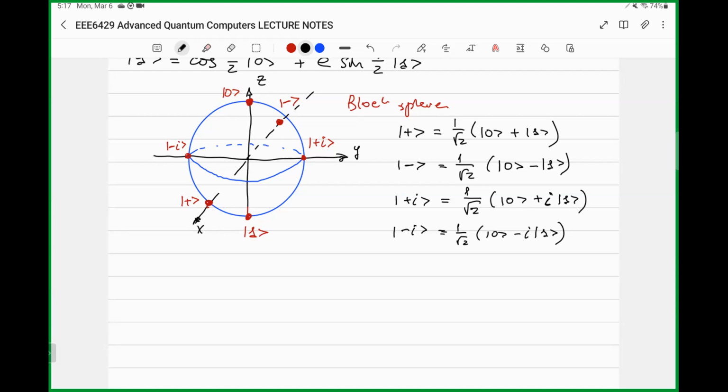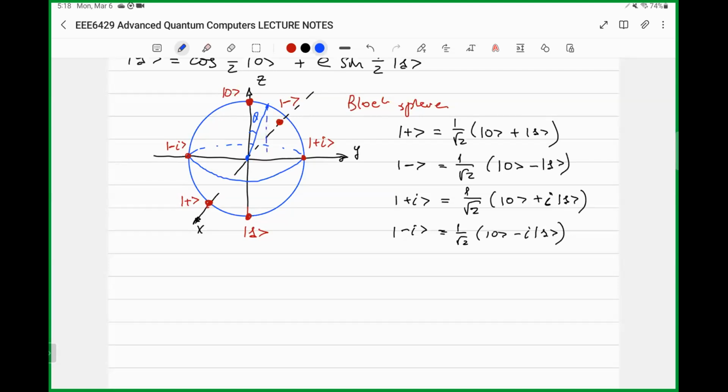Just to remind you, theta is this angle from axis z. It resembles the theta coordinate in the spherical coordinate system.